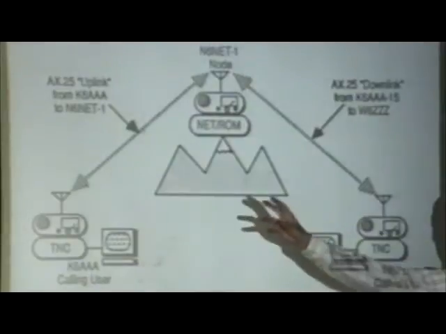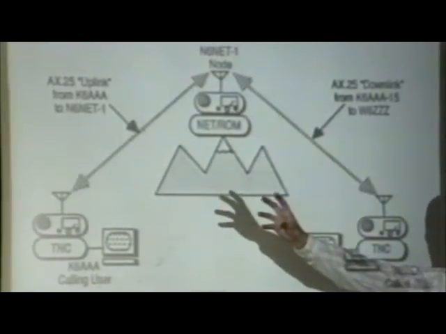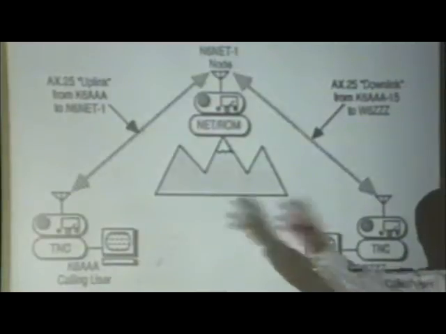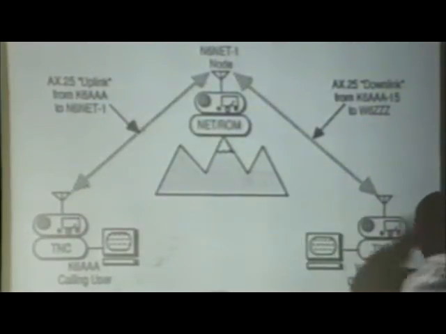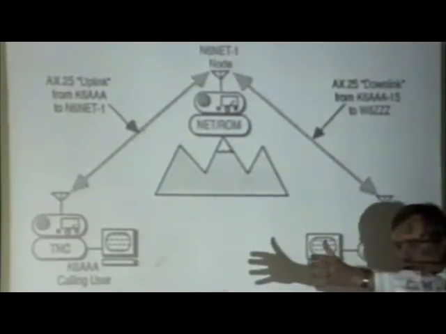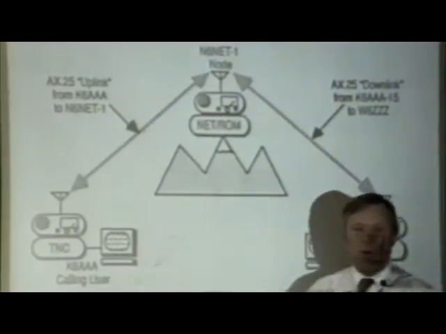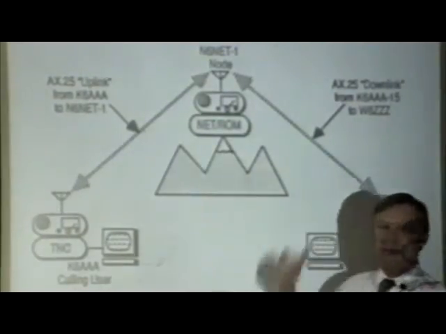Okay, so when you use digis, you're acting as end-to-end, and if it gets corrupted anywhere between the ends, you've got to start all over and go through the entire chain, tie up all the frequencies trying to get it through. If you got individual nodes, then each pair of nodes and each end user is responsible for their end section. Once I get it here, I don't care. I'm done. It's his job to get it through.